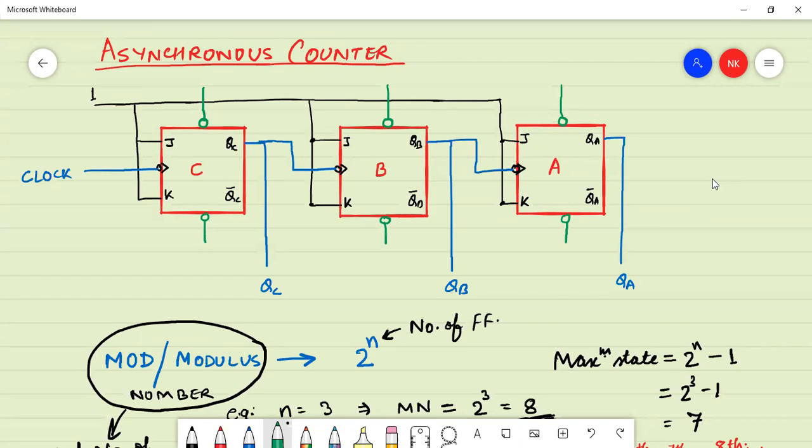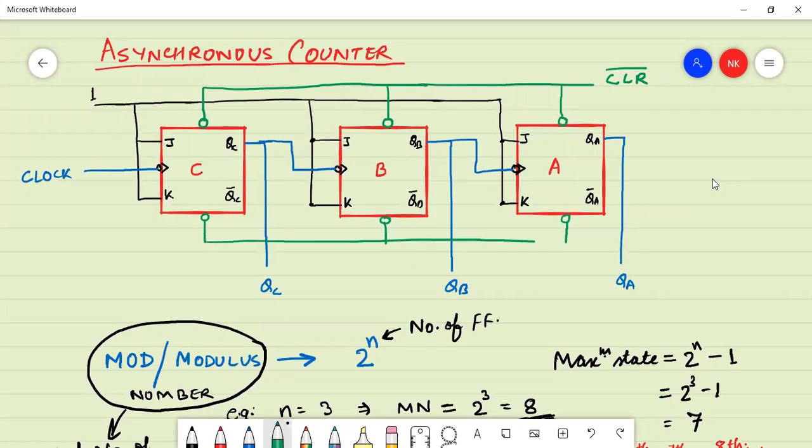Okay, so we will have some more input as clear, and the other input is preset. Okay, so one of these inputs should be active, and as you can see here, I have written the bar of CLR, that is complement of CLR, and complement of preset.